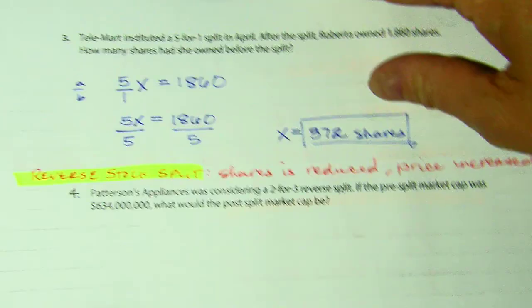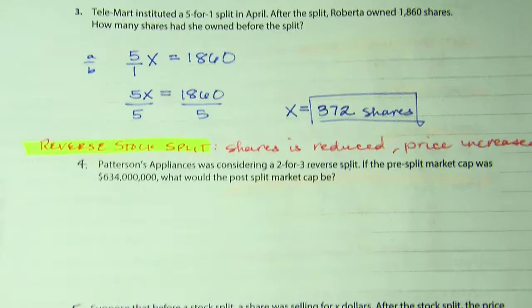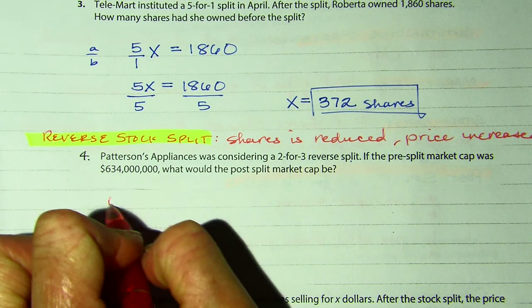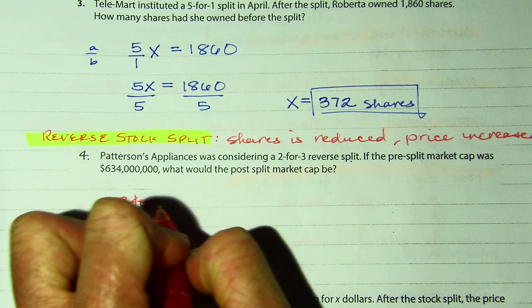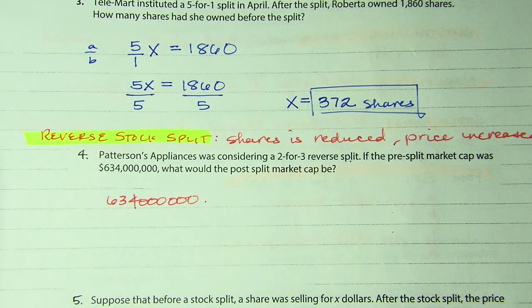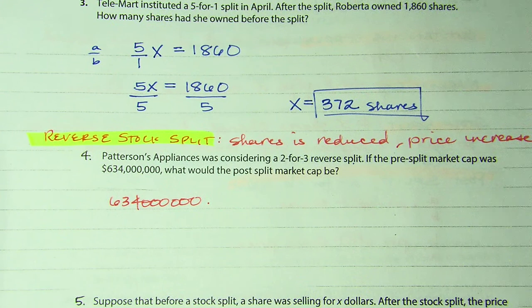So if the pre-split market cap was $634 million, what would the post-split cap be? So we're simply going to take $634 million and times it. Now, we are talking about market cap, and so I want you to pay attention.